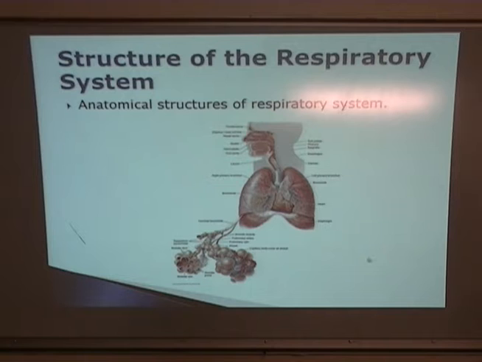All right, the area we're the most interested in is what's going on at the alveoli, because very little gas transfer occurs anywhere else except at the alveoli. There's a little bit in the bronchioles leading in, but almost all the gas transfer is occurring in these alveoli.